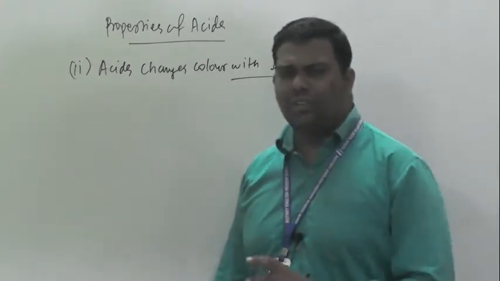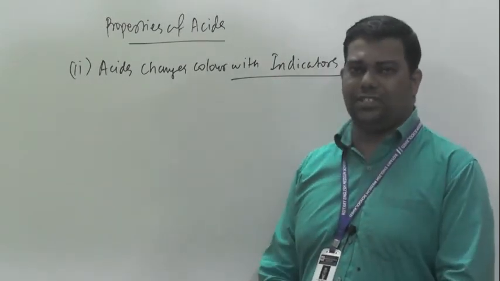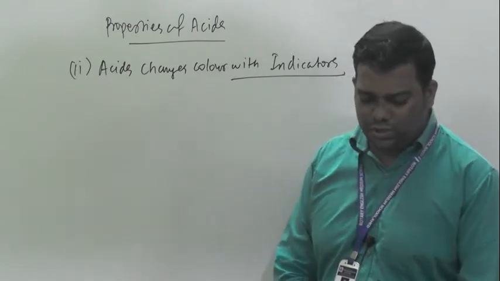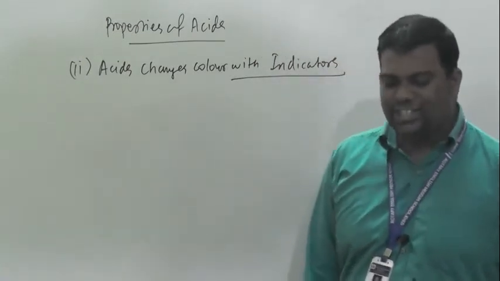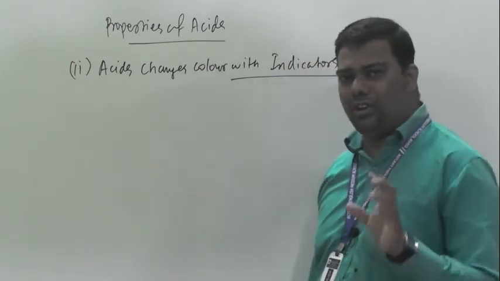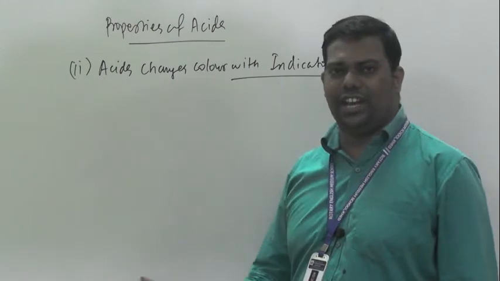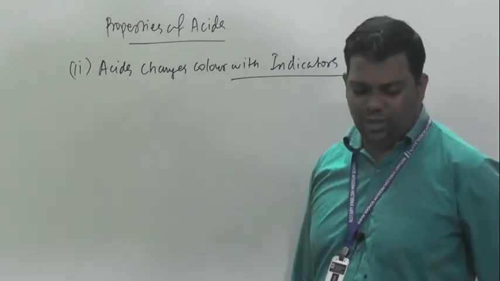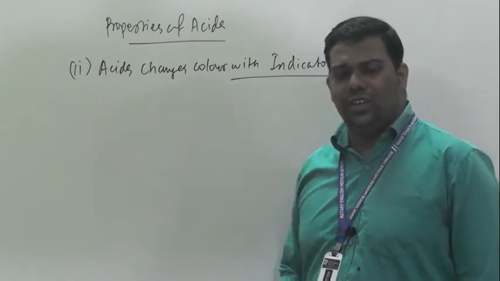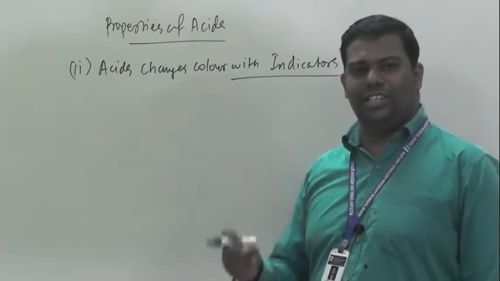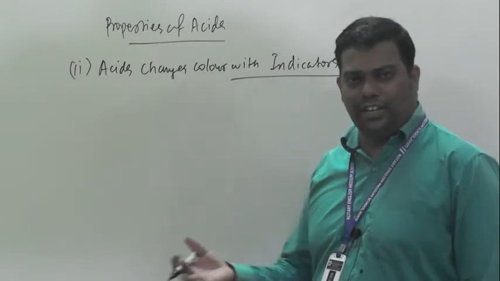Indicators are complex substances that acquire different colors in acidic and basic medium. The purpose of these indicators is to tell whether a solution is acidic or basic, and with the color we can easily observe it.